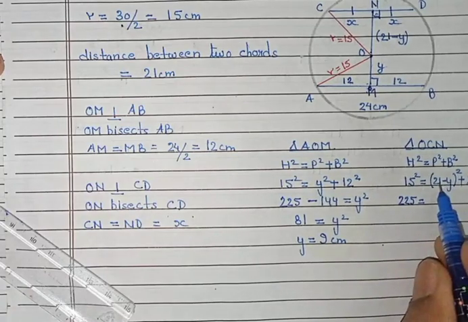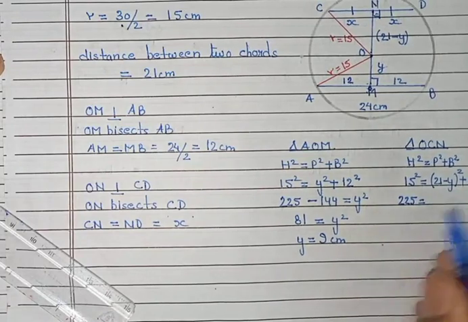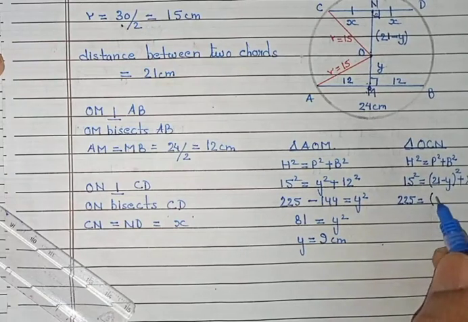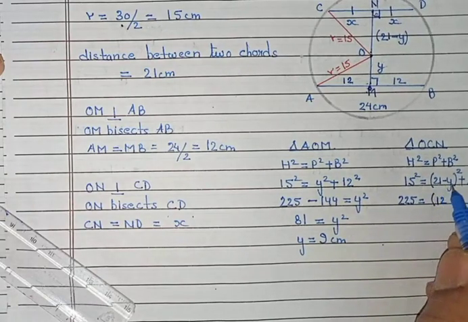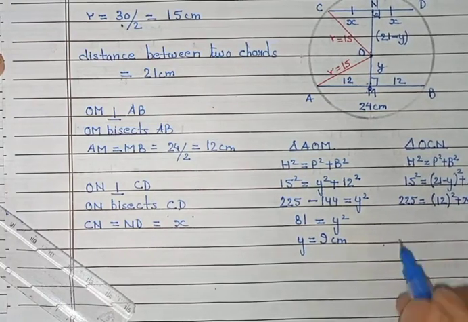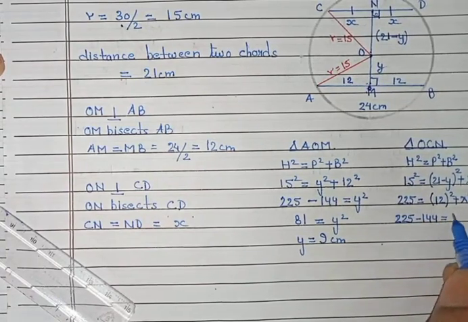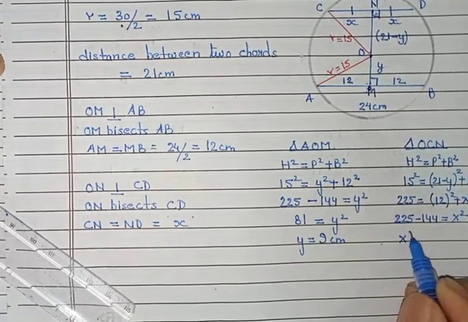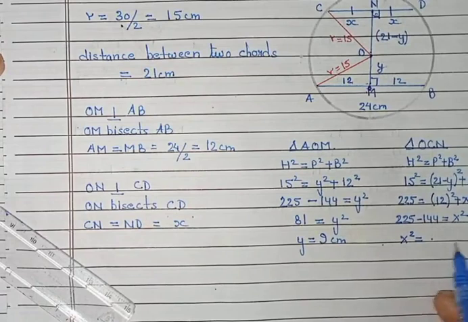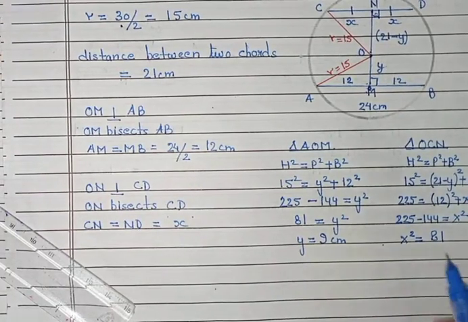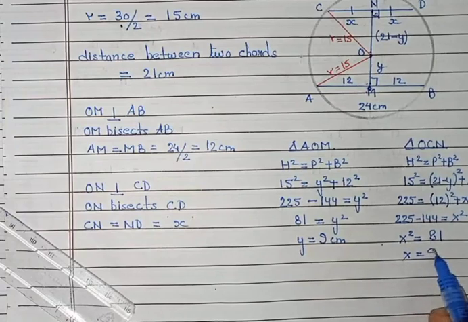Now within the bracket 21 minus y is known to us as 9, so this will be 21 minus 9, so that will give you 12. So from 21 you will subtract 9 and you will get 12. So it's 225 minus 144. So x square is equal to 81, so x is equal to 9.